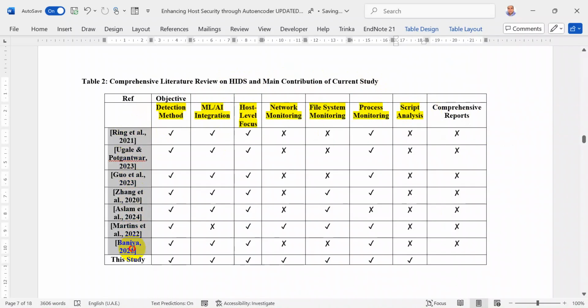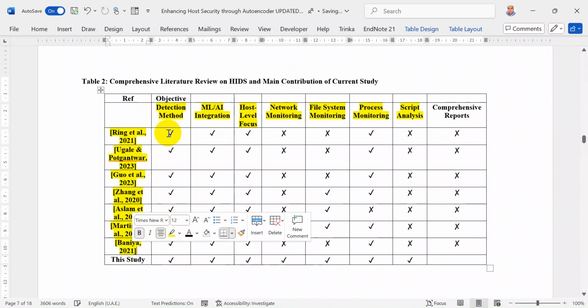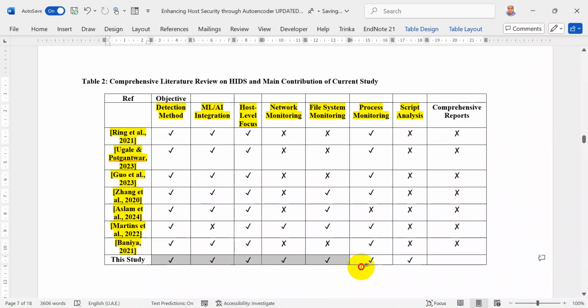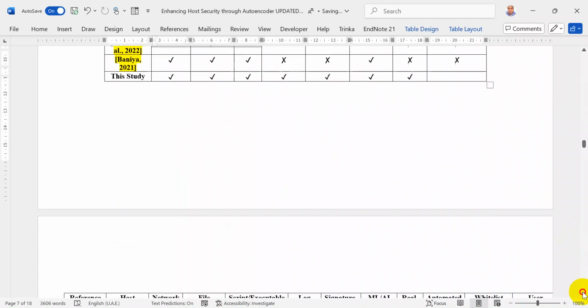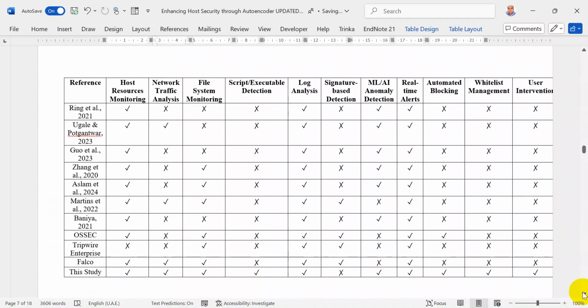I think 6, 7 papers, and it will show what is different between the current paper or your paper and the other papers. So for example, this paper considers this feature, while there is less attention to this and this. Another paper is like that. So this is easy, and you can create such a table for your work to show the difference between your work and the others.